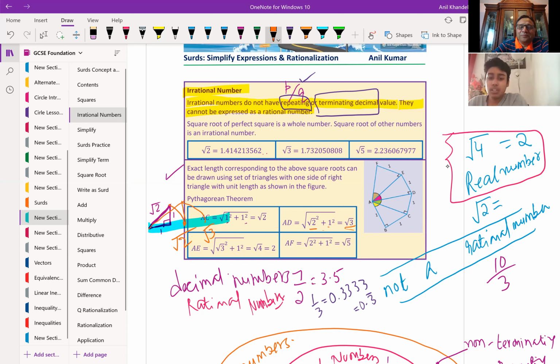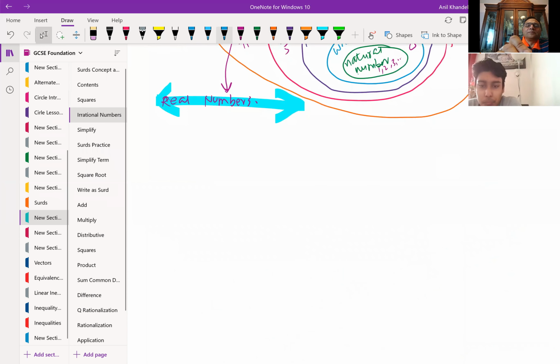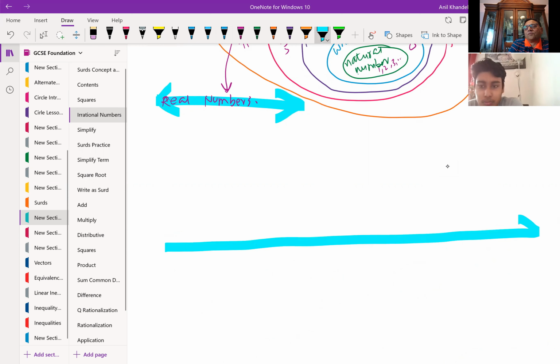Let's see it on a bigger scale. It's very interesting. Let me make a thicker number line. Let's say this is our 0, and this is 1 unit. We can take a compass, the same amount of unit here, so we'll have 1 unit on this side at right angles.